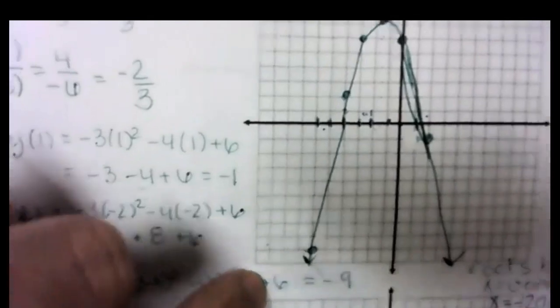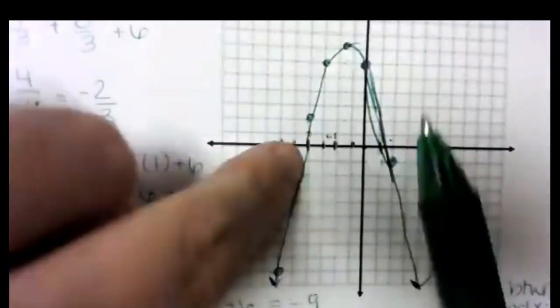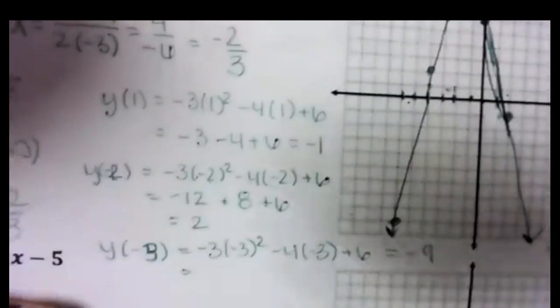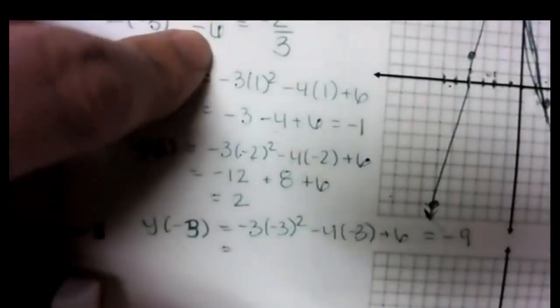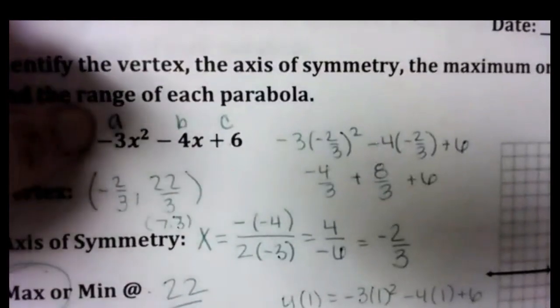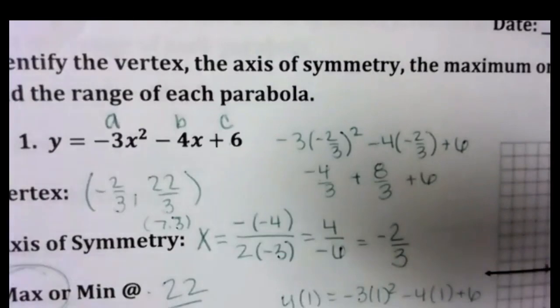So that's why I was saying, if you don't make your table like we've been making your table, your points aren't going to have the same symmetry. The only reason I did it this way as opposed to the table was because of the fraction in the vertex, and just trying to show you that technically you can plug in any number at any point and get a table value.